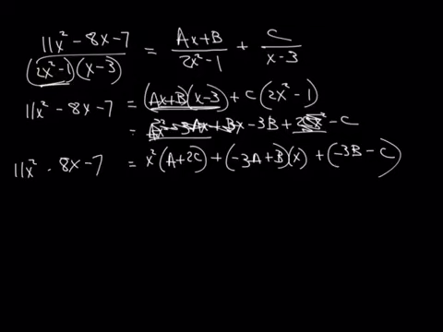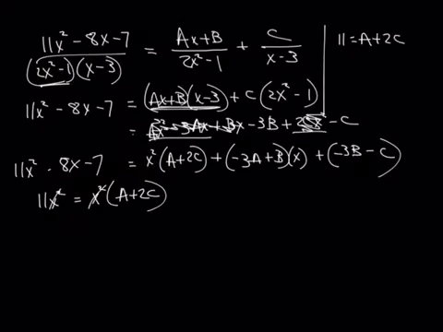Now we start looking at comparing this 11x squared to what we have over here. So the only thing that's squared is this. So we have 11x squared equals, and we can cancel those. So 11 equals a plus 2c. So I'm going to put that up there. Okay. And then I look at my negative 8x. Negative 8x equals negative 3ax plus bx from right here.